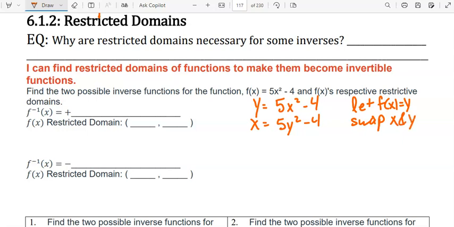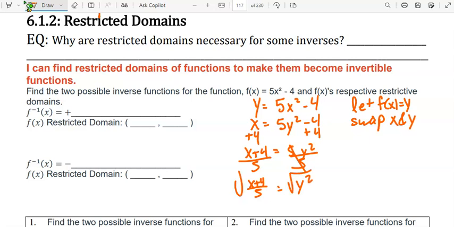And then now we're going to solve for the new y. Add 4 to each side. Divide by 5. And then get the square root of each side.